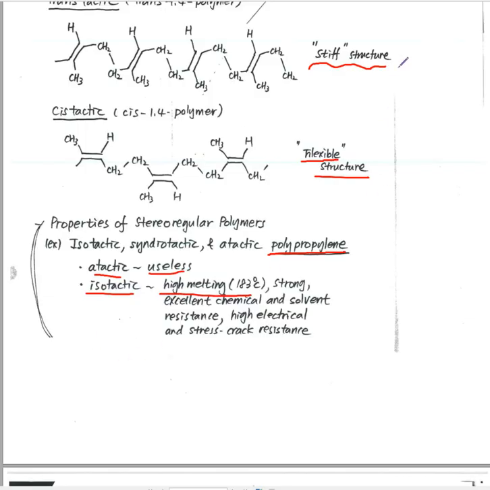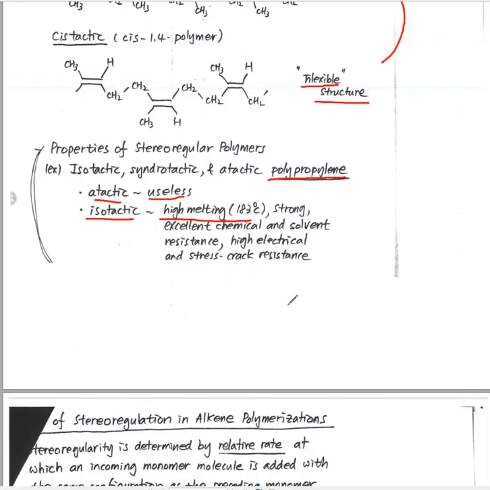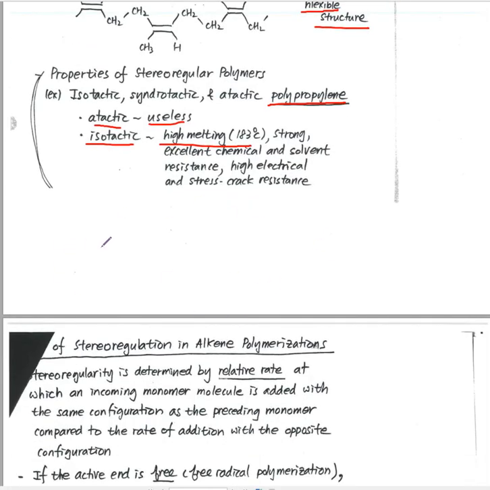And regarding the cis and trans configurations and their properties, this is not really given here. Let me show you an example. Let me just write a table.